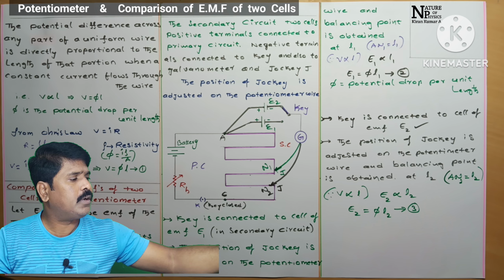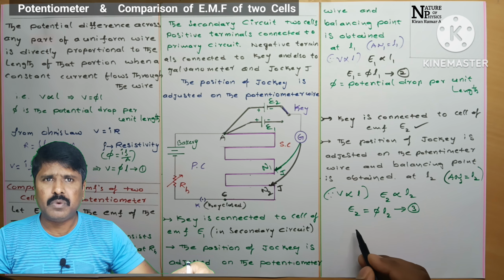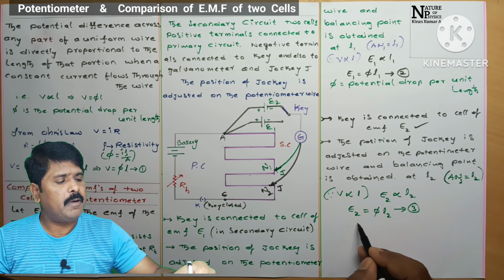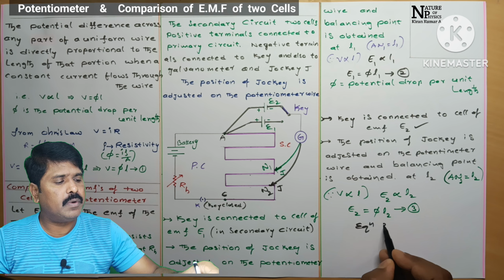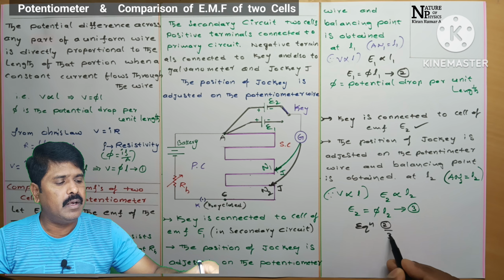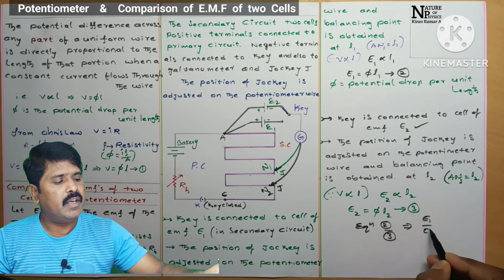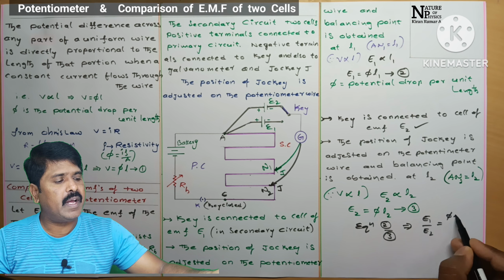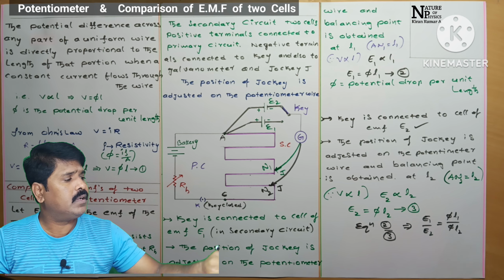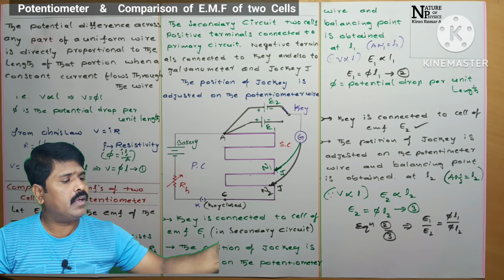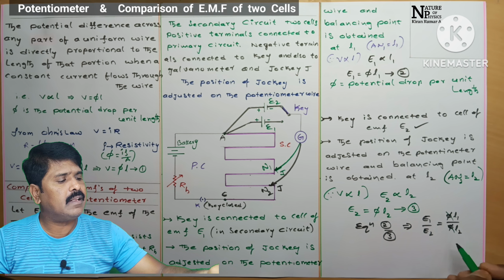Continuing, equation 2 divided by equation 3: E1 divided by E2 equals phi L1 divided by phi L2. Phi gets cancelled there.